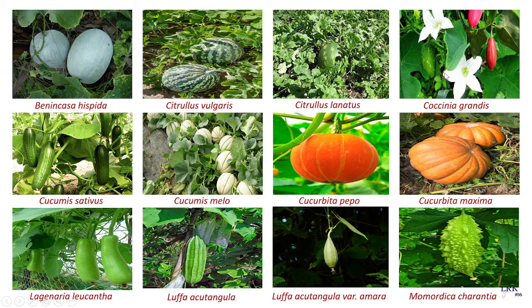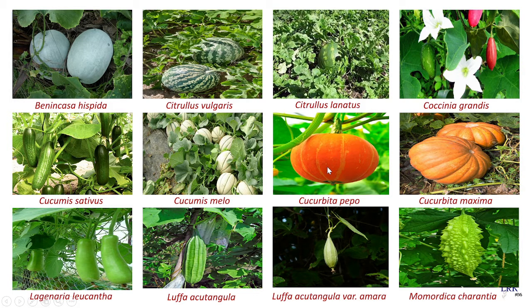This is Coccinia grandis. In Telugu we call it Donda, and in Hindi Kundru. Cucumis sativus is Dosakaya in Telugu and Kheera in Hindi. This is Cucumis melo, called Kharbuza in Hindi.